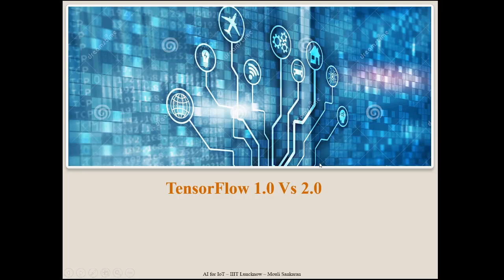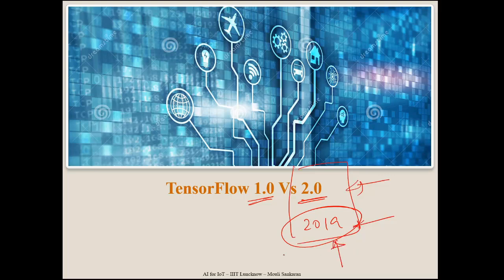Now let us come and learn about what is the difference between TensorFlow 1.0 and 2.0. I think it's around 2017 time frame or 19. I don't remember exactly. This came up, and I think it was made public in 2019, 2.0.